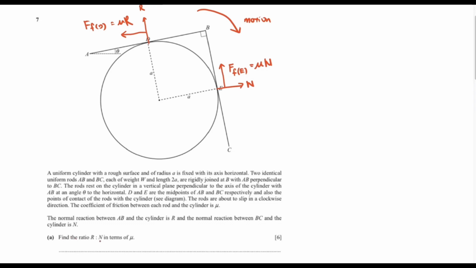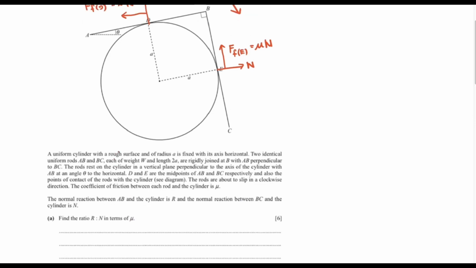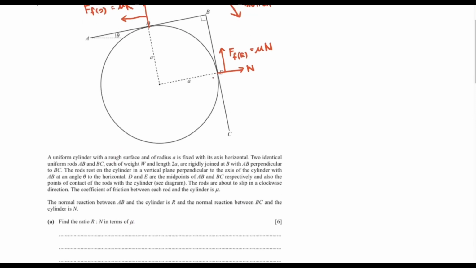Find the ratio R to N in terms of mu, where mu is the coefficient of friction. So we have to work on this first. Let us write down the equations here. The first equation is F at D equals mu R. The second equation is F at E equals mu N.